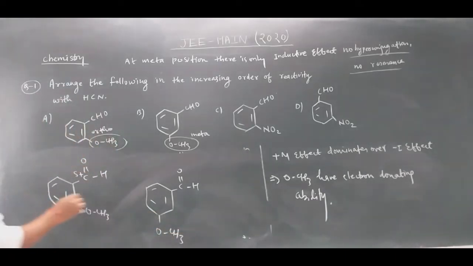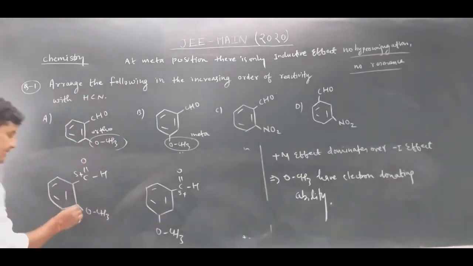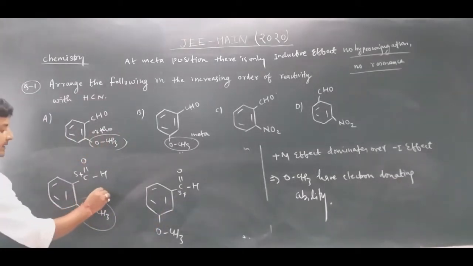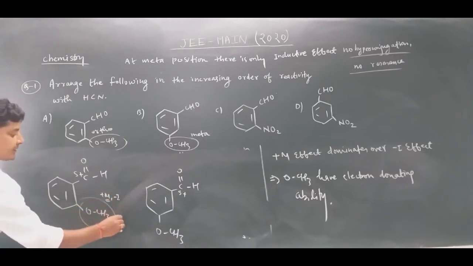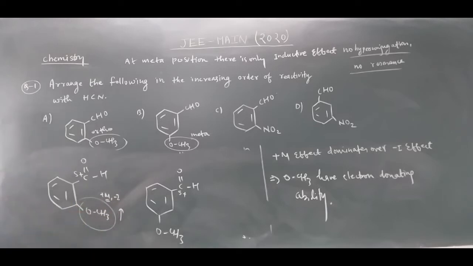So what is happening here is that this ortho position has plus M and minus I both, but what is more dominating? Plus M, means electron donating capacity of OCH3 is increased. When electron is donated here, plus M is more dominating than minus I.